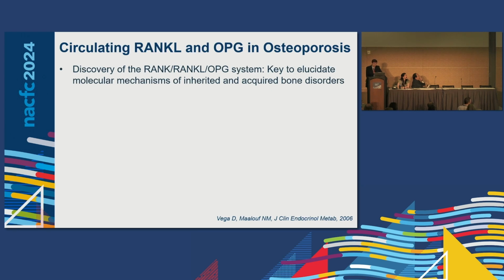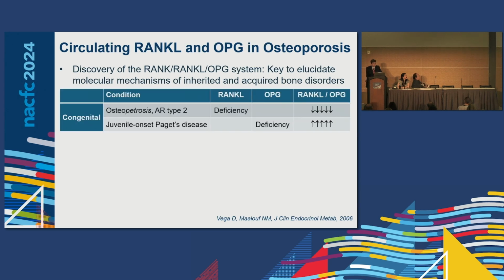So about 20 years ago, the discovery of RANK ligand and OPG was a very important discovery in our understanding of molecular mechanisms of inherited and acquired bone disorders. For example, there are two congenital conditions: one of osteopetrosis, or high bone mass, in which there was a congenital deficiency in RANK ligand, and a form of Paget's disease of the bone where there is excessive osteoclast activity due to OPG deficiency or mutations in the OPG gene.